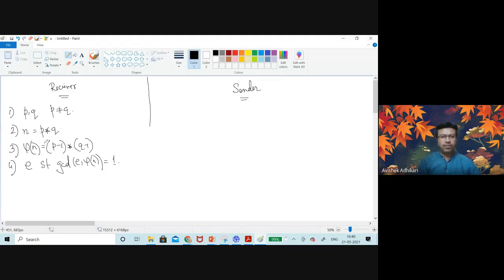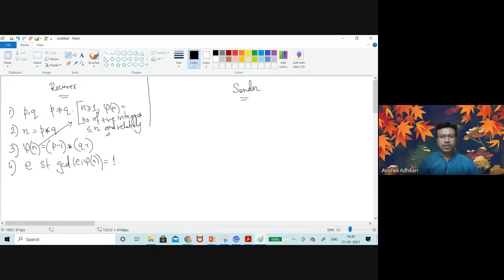If you forget about the Euler phi function, the definition is very simple. For a given positive integer n greater than or equal to 1, phi of n is nothing but the number of positive integers less than or equal to n and relatively prime to n.